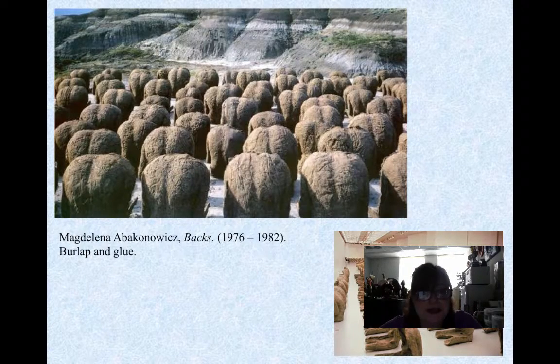So here is a piece by artist Magdalena Abakanowicz called Backs, which are made up of burlap and glue. And I believe that this was done as another Holocaust survivors piece, showing the desolation of these people who've been robbed of their identities and their souls.